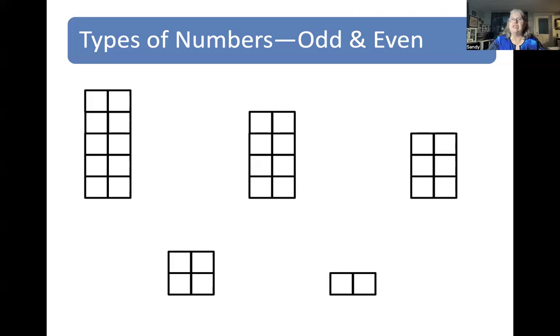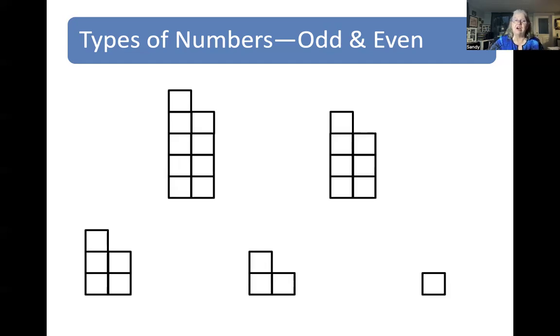Okay, if we look at the ones that have an extra, have somebody kind of standing alone, those are our odd numbers. 9, 7, 5, 3, and 1. Now, if you look at those, notice it's a double plus 1, like 9, double 4 and 1 more, or a double minus 1, double 5 and 1 fewer, minus 1. 7, double 3 and 1 more, or double 4 and 1 fewer.